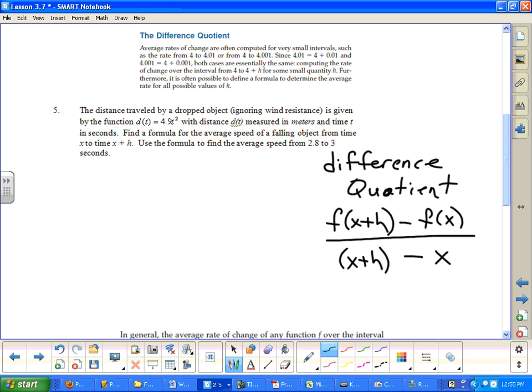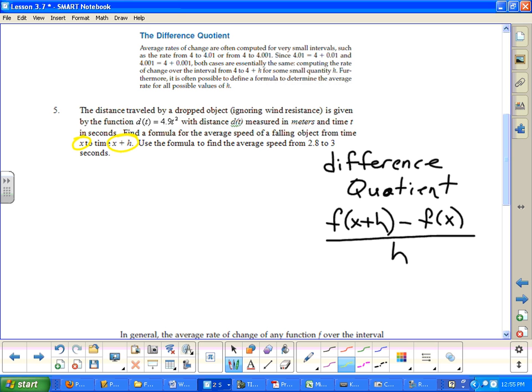So if you think about it, all the difference quotient is, is that function, that rate of change. Here I'm going from x to x plus h. So I do f of x plus h minus f of x.